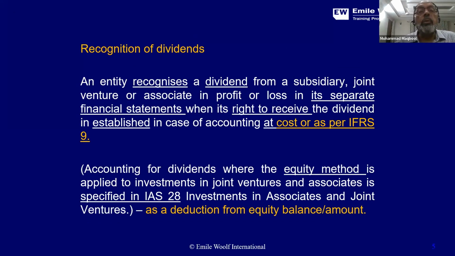If you receive a dividend from that investment and you are not applying the equity method, but applying cost or IFRS 9, then when your right to receive the dividend is established, you can take it as dividend income. But in the equity method, we take the share of the profit we earn and add it to our balance sheet figure. If the dividend is paid, it's not shown as income; rather it's deducted from the equity balance.